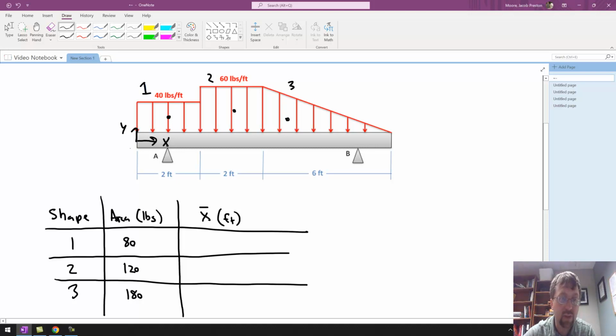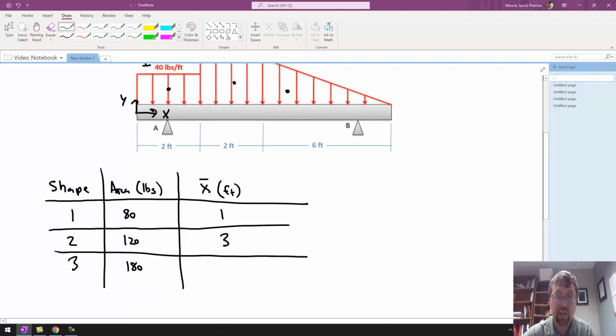Alright, in terms of centroids, this first rectangle, the center point of that first rectangle is just going to be 1 foot. So it is 1/2 of the overall base. The centroid of the center rectangle is going to be out 3 feet. So I go 2 feet just to get to the rectangle in the first place, another 1 foot to get to the center of this rectangle. So this one here is going to be 3 feet.